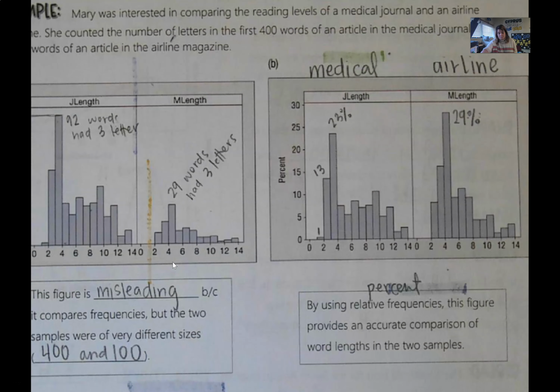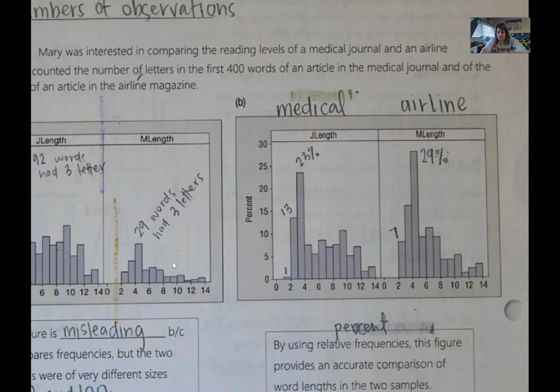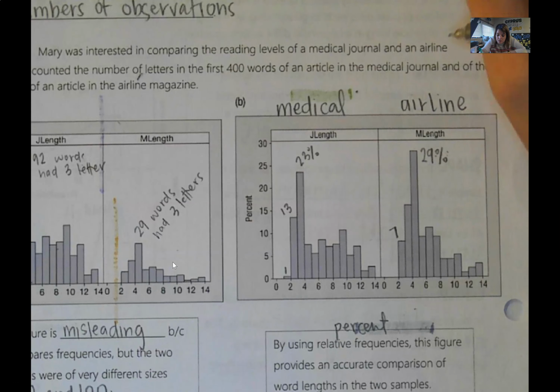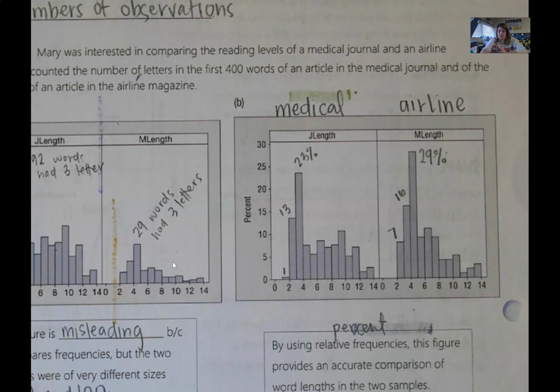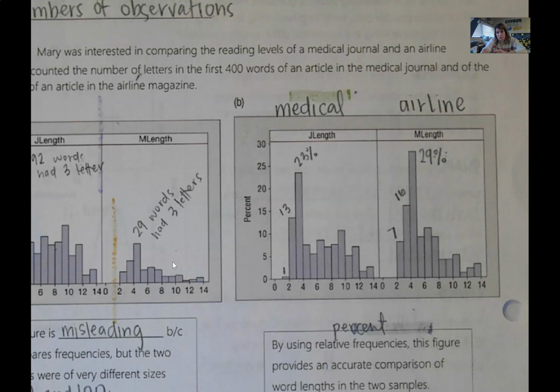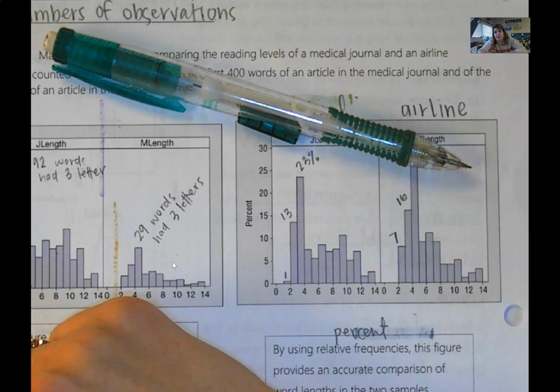Over here, this is looking like, I don't know, 7. I'm thinking 7% of the airline magazine had 2-letter words. I think this might be 16% of the airline magazine had 3-letter words. Or I shouldn't say it like that. 16% of the words in the medical journal sample were, or not, teacher, can you get a grip?